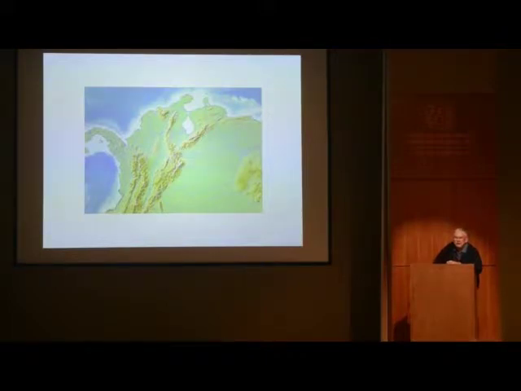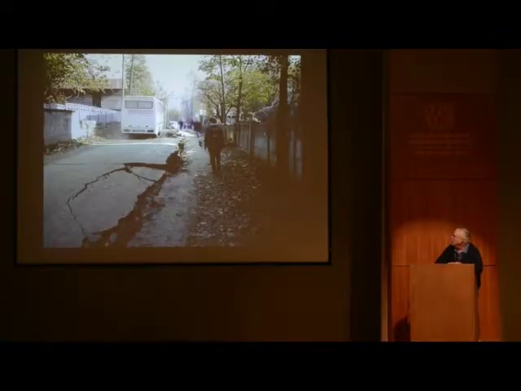So this is folding on a very, very large scale. They call this a warp. So here's the area. The actual mountains of the Andes are way down deep below the surface, and then they come up and expose themselves again right along the coast of the Caribbean. And that happens in a few areas around the world. So this is called a warp.